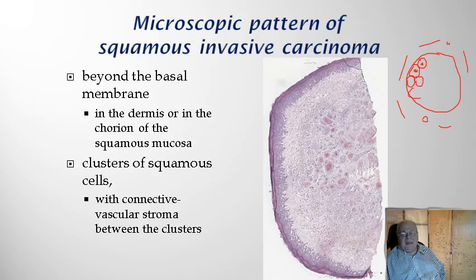In some of these islands, completely full with these squamous cells, it's even possible to have in the center an accumulation of keratin. When this keratin is accumulated inside, they are called pearls of keratin. And they are extremely easy to see and to make the diagnosis of squamous cell carcinoma.